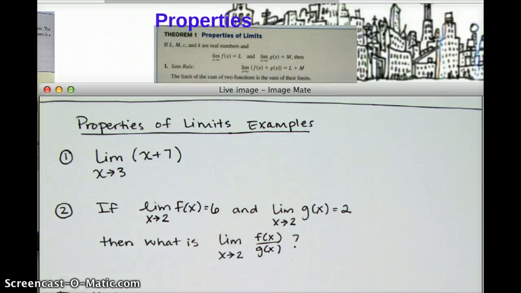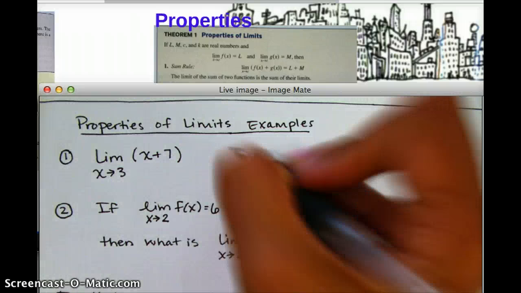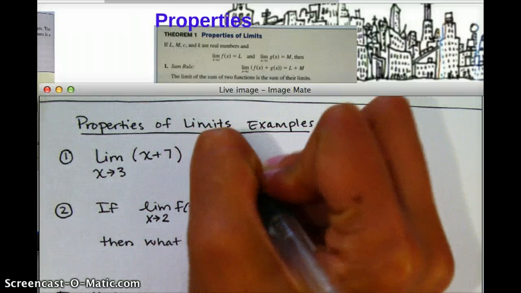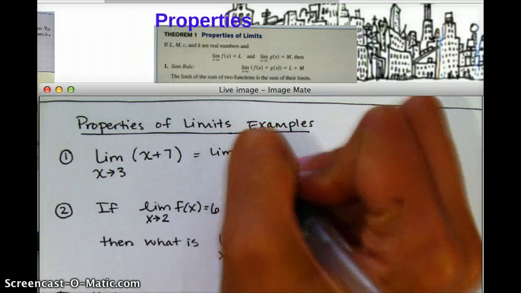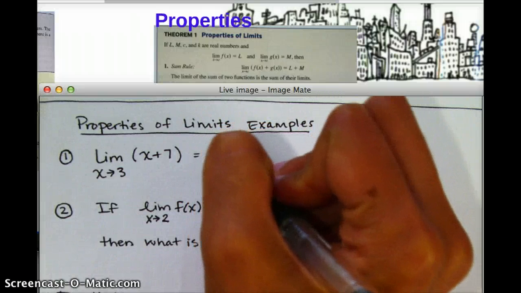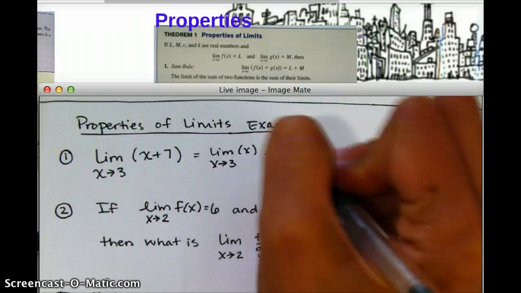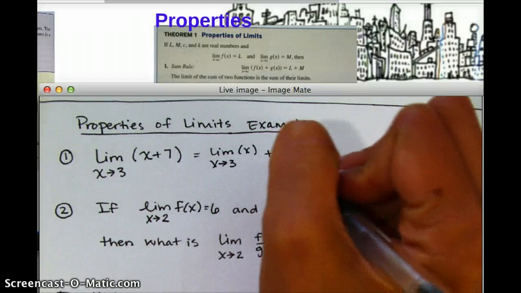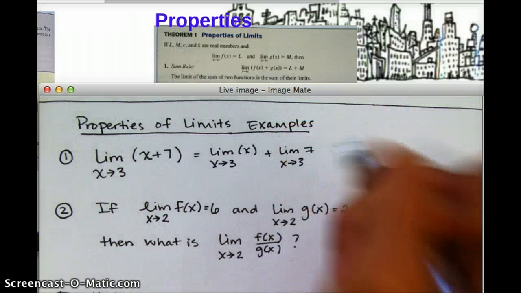The properties of limits rule, the sum rule, which you can see peeking up right at the top there, says that this limit has to be the same thing as the limit of x as x approaches 3 plus the limit of 7 as x approaches 3.